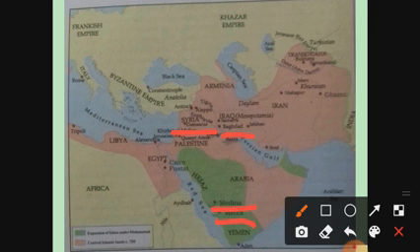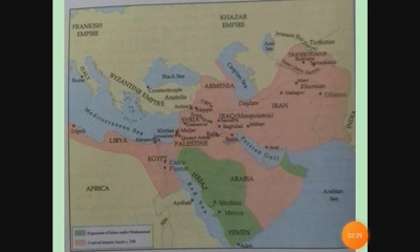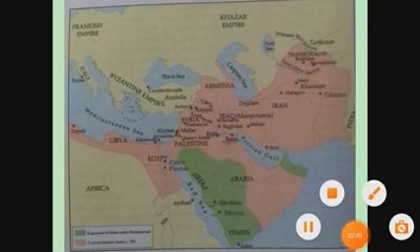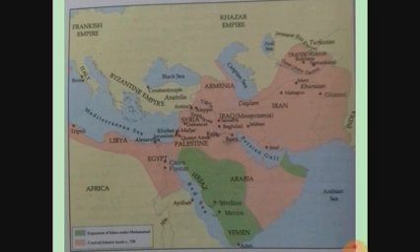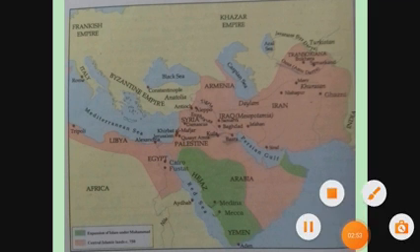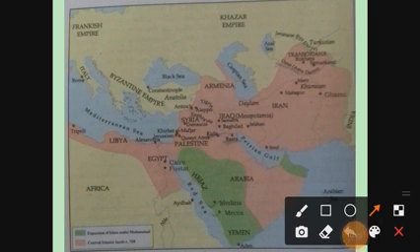Then Jerusalem, I'll show you where exactly Jerusalem is. It is here near to the Mediterranean Sea. This dot. This is Jerusalem. It is in modern day Palestine. So it is close to the Mediterranean Sea.